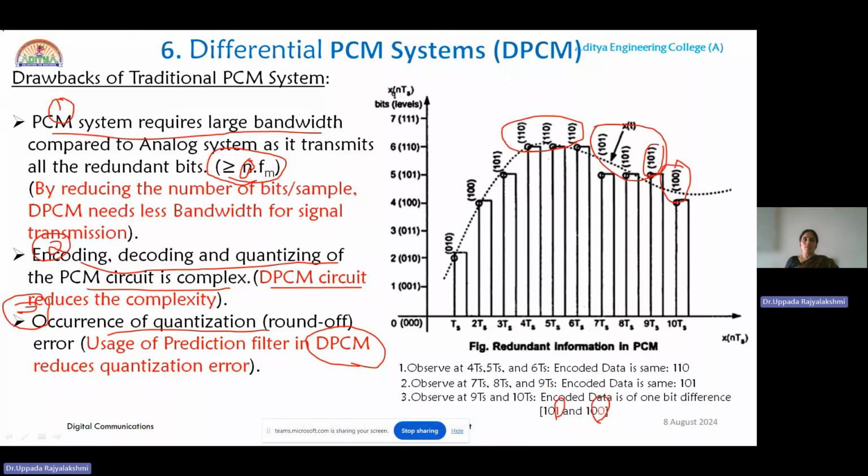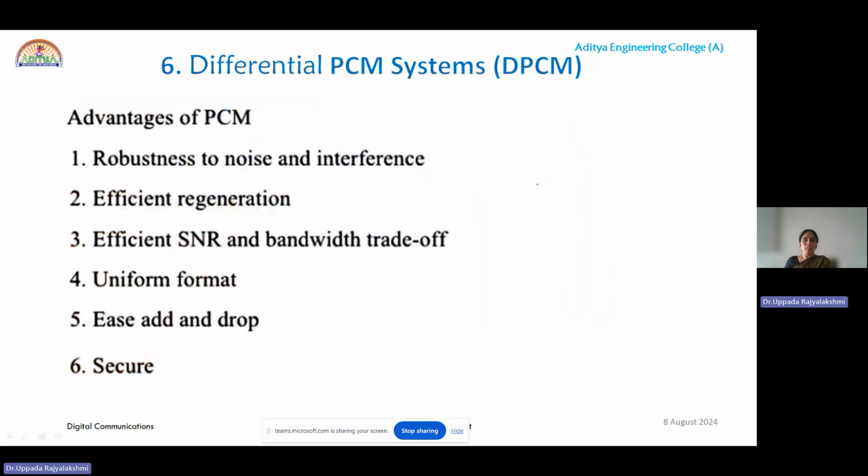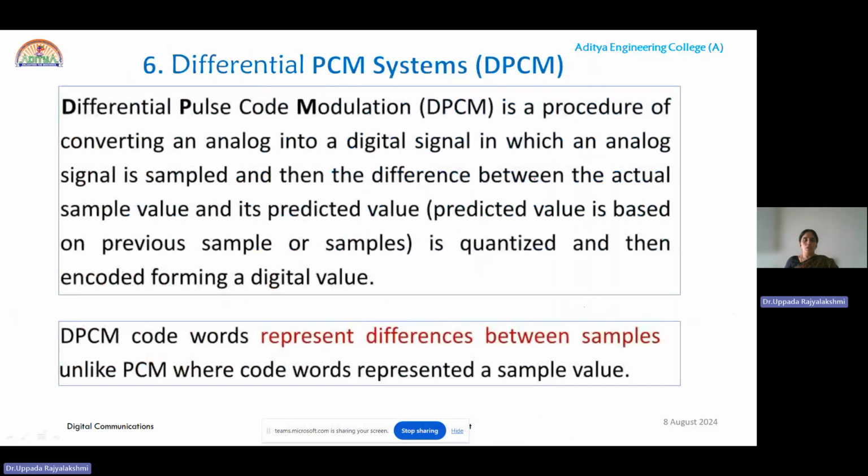So this is one type of transmitting redundant information, because the PCM transmits each and every sample; every amplitude of the sample will be transmitted. So these are all the advantages of PCM, but the main drawback is its bandwidth, because it needs a large amount of bandwidth, and also it transmits redundant information, and it has quantization error.